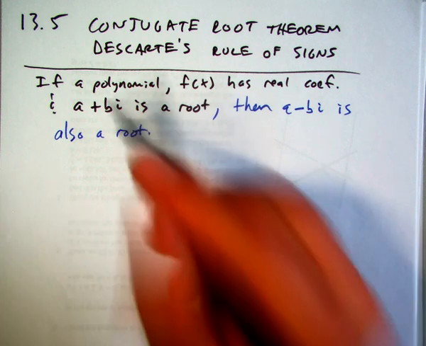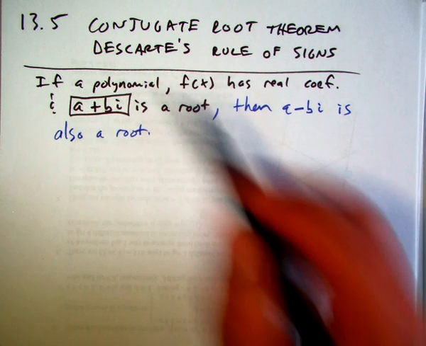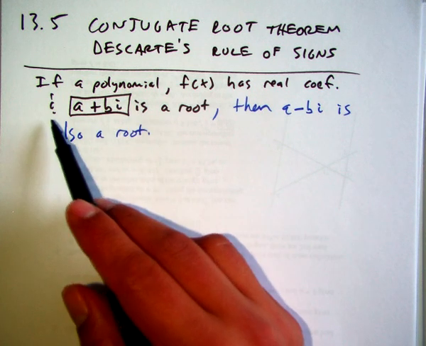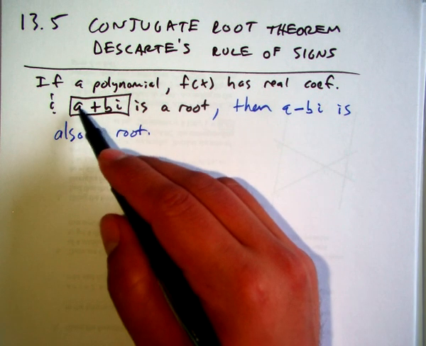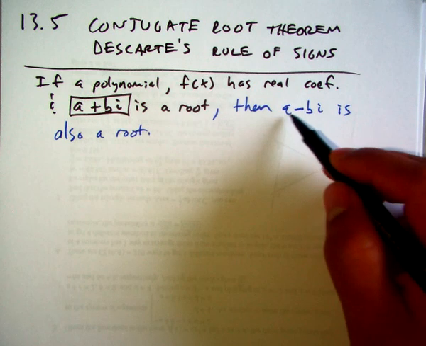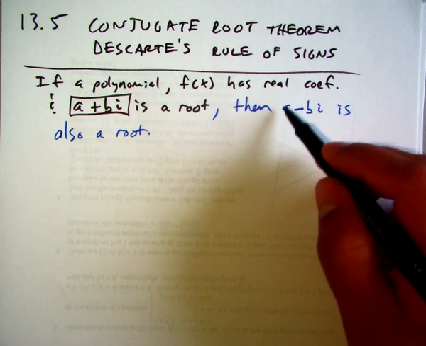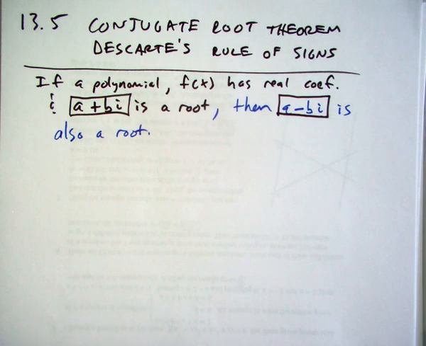So if we have a polynomial with real numbered coefficients, if we know that 3 plus i is a root, then 3 minus i is a root, and vice versa. Okay?